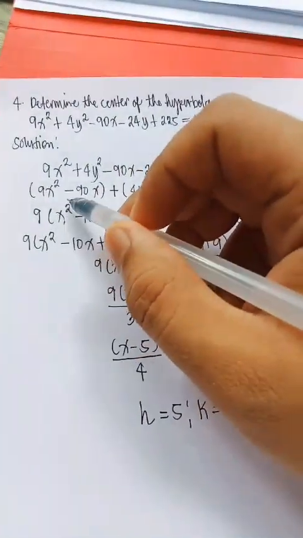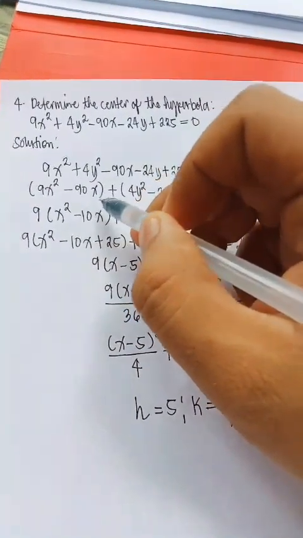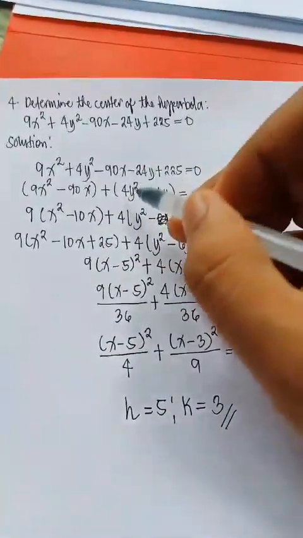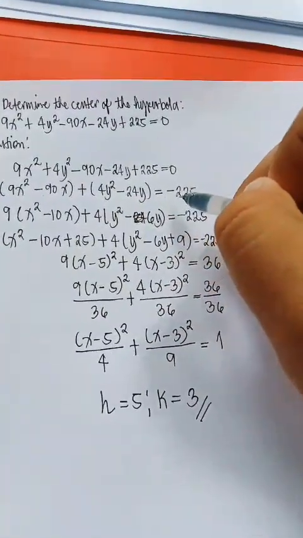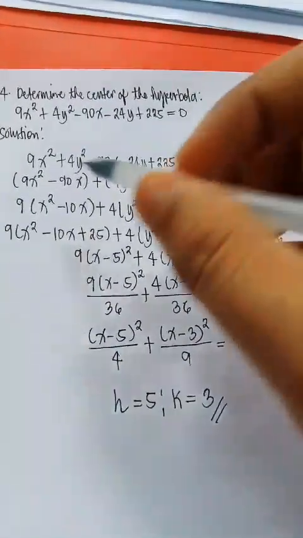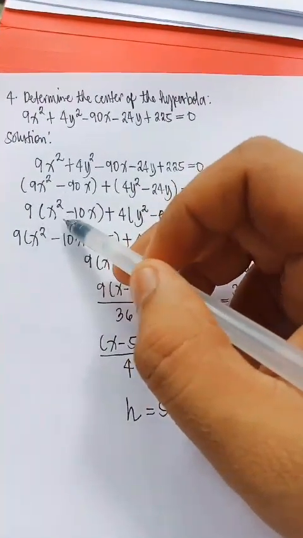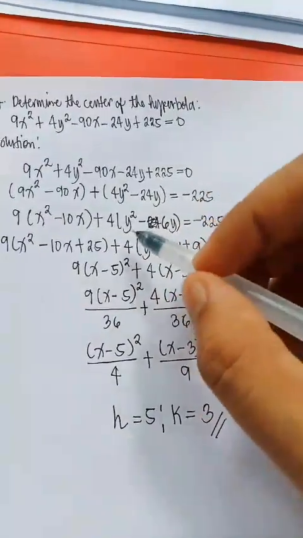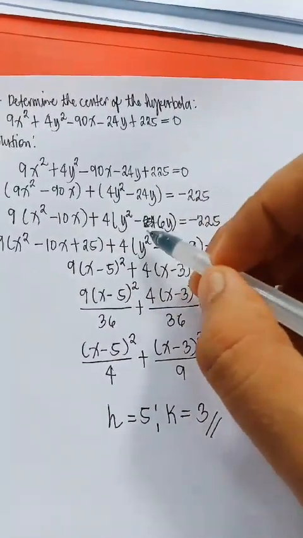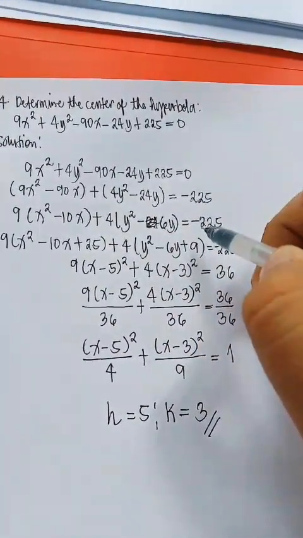9x squared minus 90x plus 4y squared minus 24y equals negative 225. Factoring: 9 times x squared minus 10x plus 4 times y squared minus 6y equals negative 225.